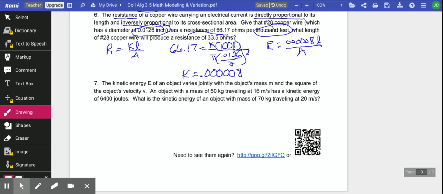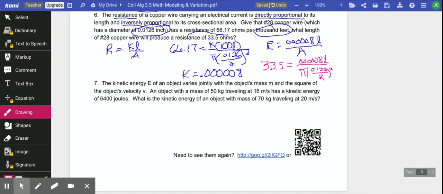Now, they wanted us to find something else out. What length will produce a resistance of 33.5 ohms? So we want to plug in 33.5 ohms. 1, 2, 3, 4, 5 zeros. We're looking for length. And our cross-sectional area is still the same because we haven't changed what type of wire we're using. So it's pi r squared. So remember, you have to divide that diameter by 2. Okay.